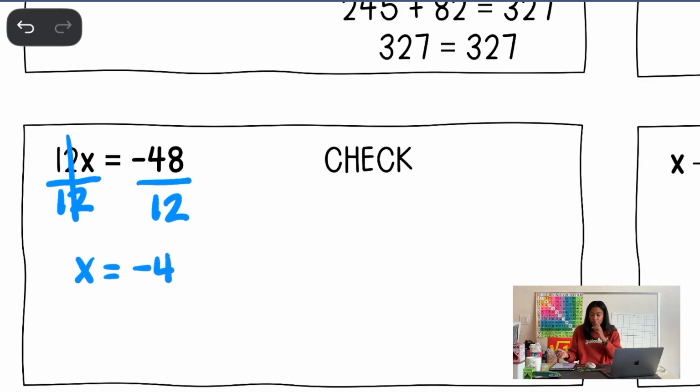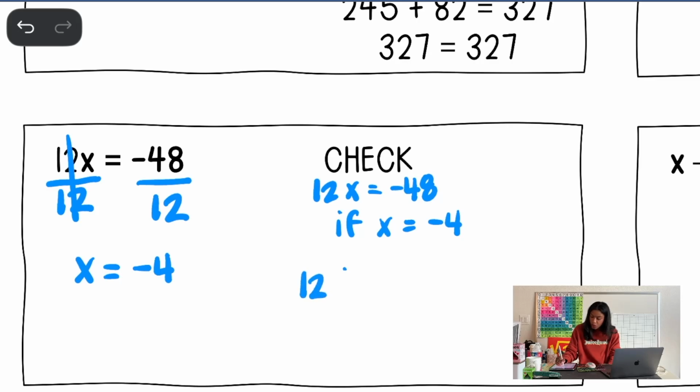All right. They want me to go back and check. I'm going to do exactly the way that I said. So I'm going to have 12x equals negative 48 if x equals negative 4. And then I'm going to come down. It's going to say 12 times negative 4 equals negative 48.